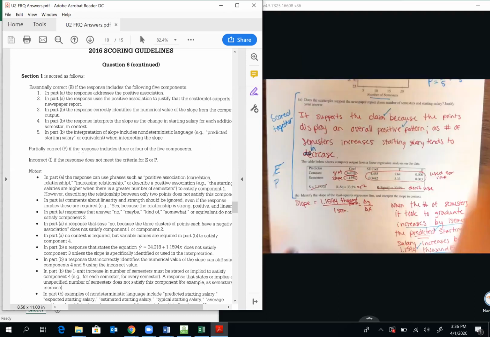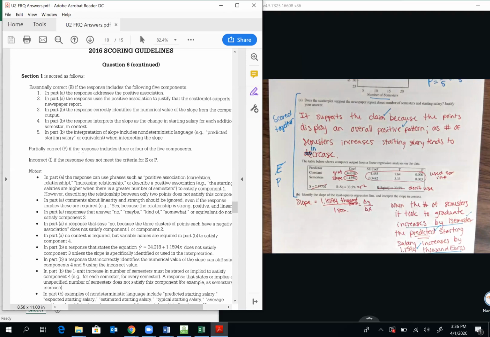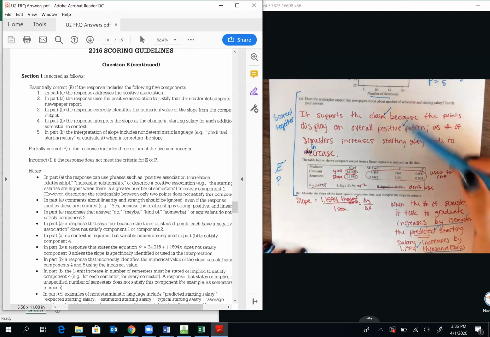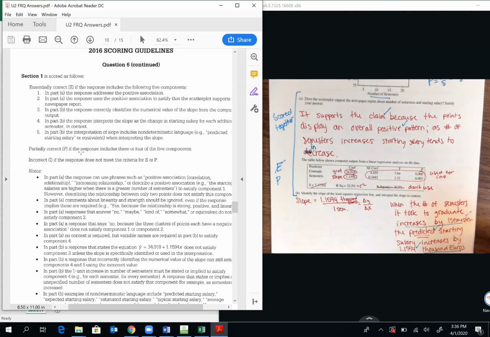So they were a little bit nice here. You could miss 2 things and still get a partially correct. But less than that would be incorrect. So for example, if you completely bombed this part up here, but your interpretation of your slope was perfect, you would have gotten a partially correct. So don't freak out if you get 1 wrong answer. There's still hope to get some partial credit.